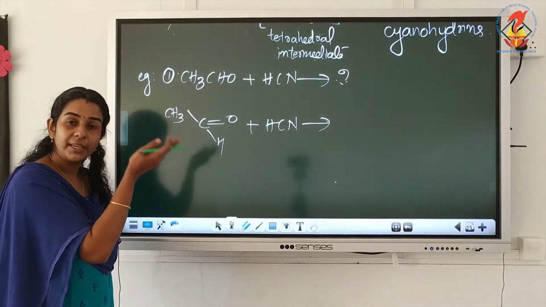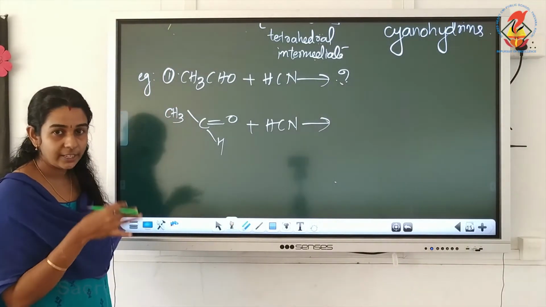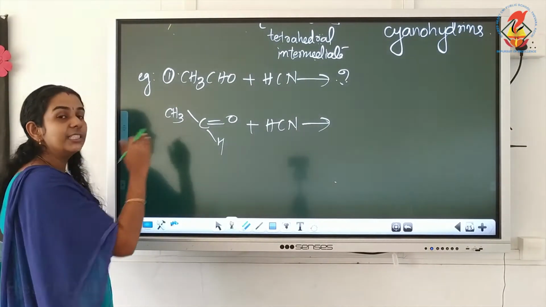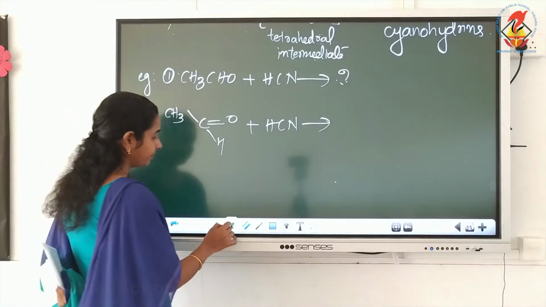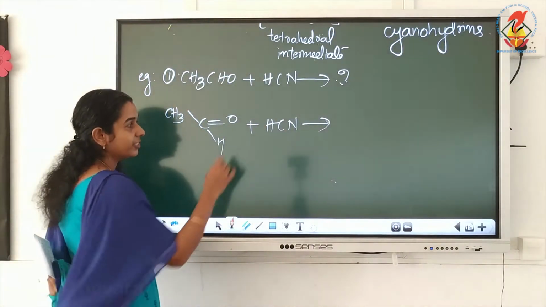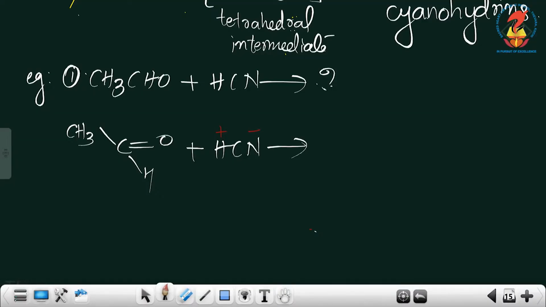Only when we write the mechanism, we need to write step 1 and step 2. But when we do the complete the following questions, we can do it in a single step. See how. We write the ionization of HCN as H plus and CN minus.